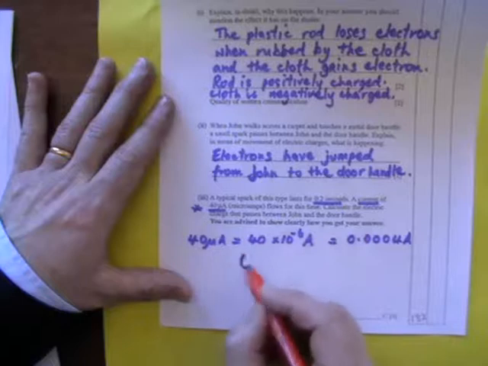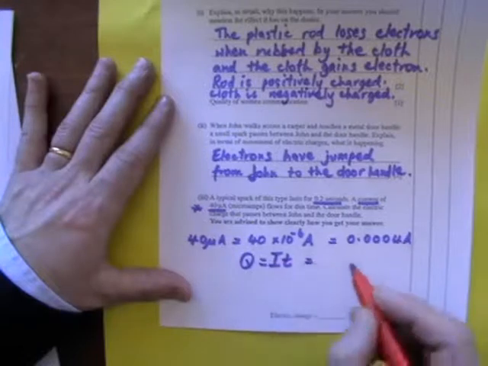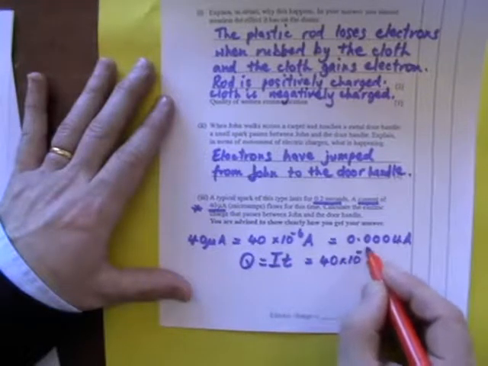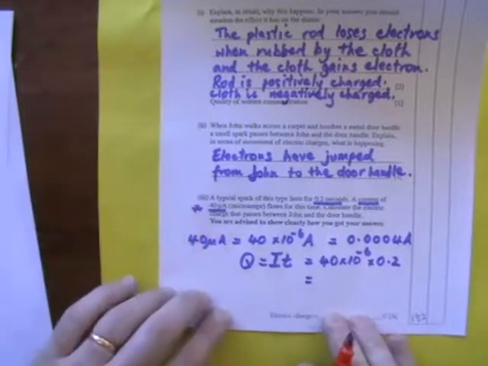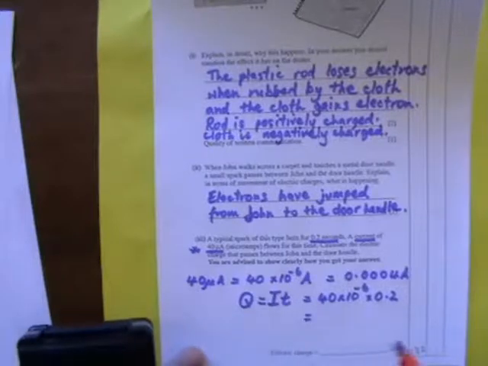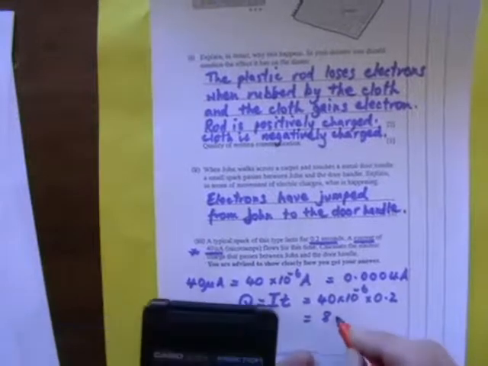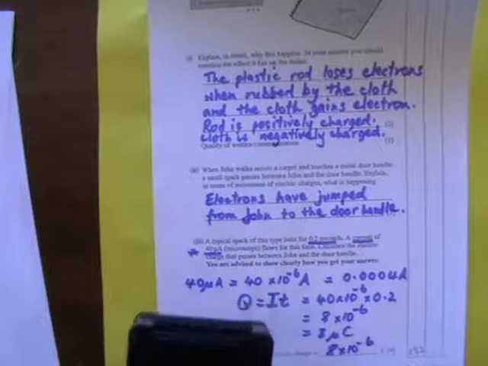Calculate the electric charge. So again, the equation we use is Q equals IT. Therefore, that's equal to 40 times 10 to the minus 6 times 0.2 seconds, and that's equal to 8 times 10 to the minus 6, which is equal to 8 microcoulombs, or 8 times 10 to the minus 6 coulombs.